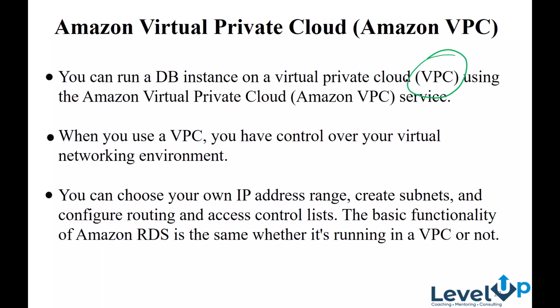So what happens if I create an RDS instance in my own network? I can select the IP address range, I can configure routing, and you'll get all the basic functionalities of a VPC. It is more secure, and you will have more control over the database.